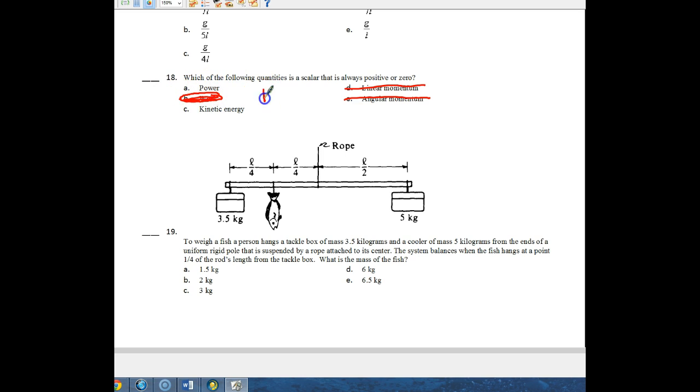Power is equal to work divided by time, and if work can be negative, then power can be negative. So the only answer left is going to be kinetic energy, which is a scalar which does not have any direction. And kinetic energy, because it's 1/2 mv squared, or because it's 1/2 I omega squared, can never be negative. So that has got to be your answer.